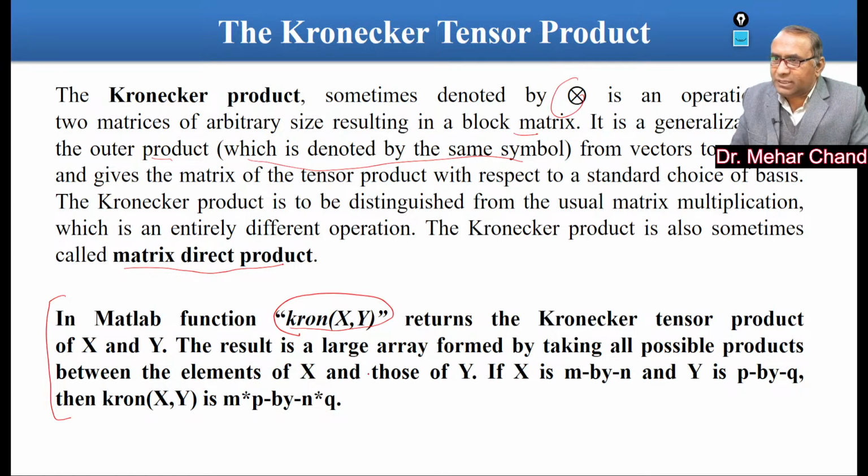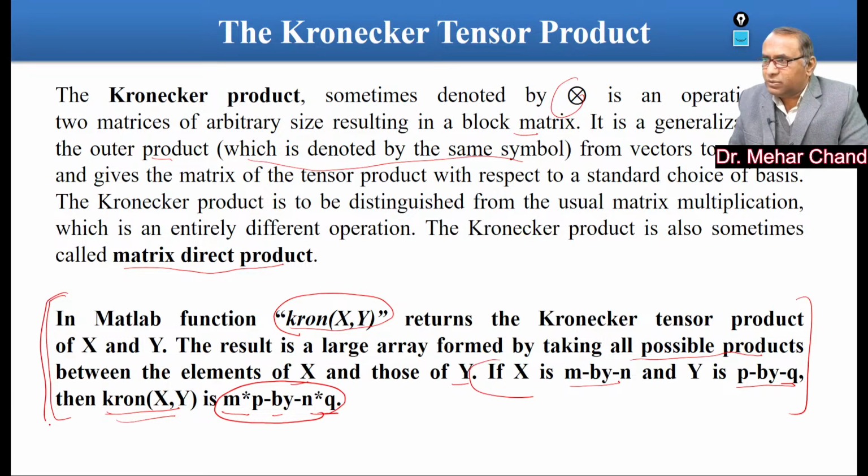The result is a large array formed by taking all possible products between the elements of x and those of y. Note this statement very carefully. If x is of order m by n and y is of order p by q, then the Kronecker product of x and y will be of order mp by nq. This rule is followed to find the Kronecker tensor product.